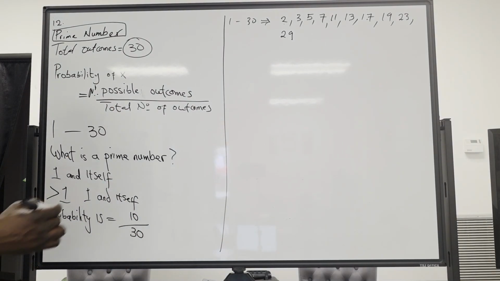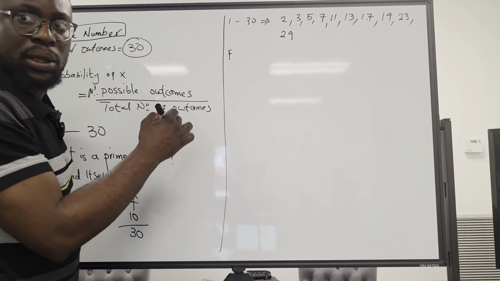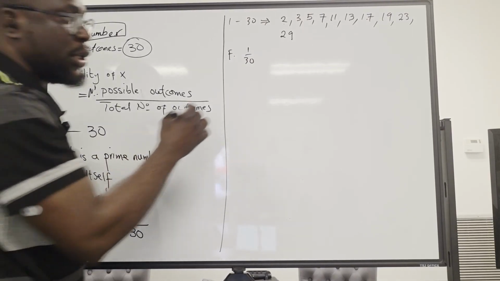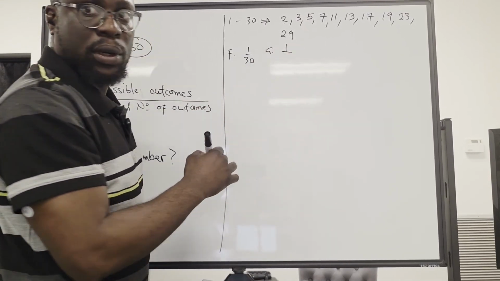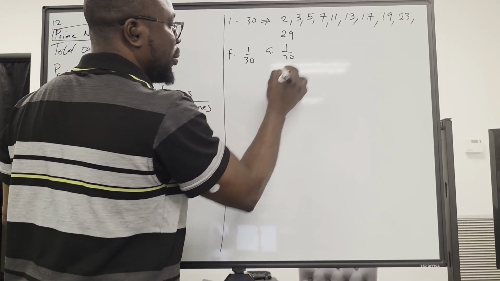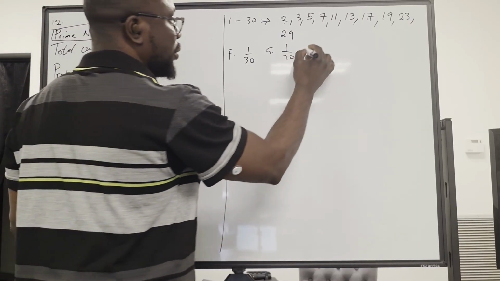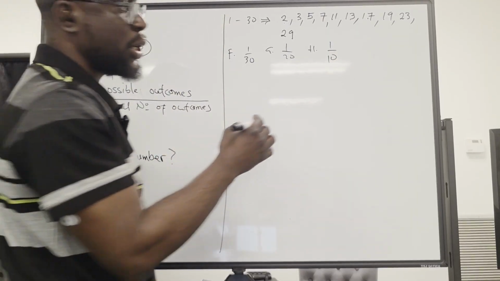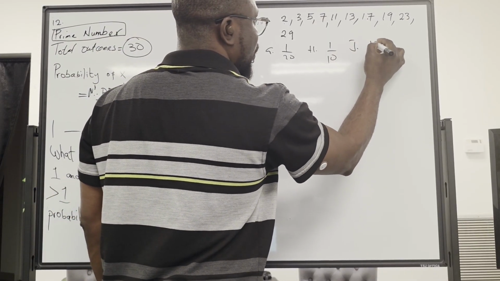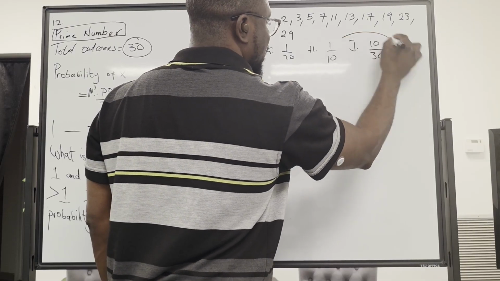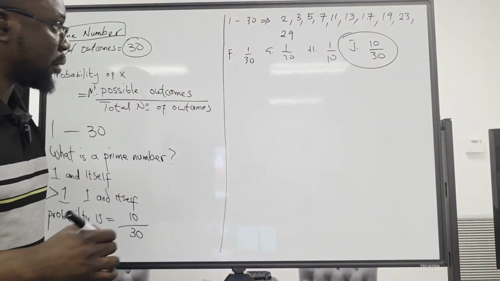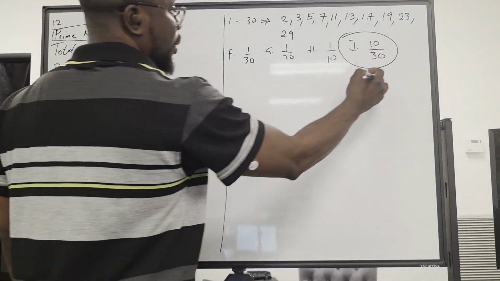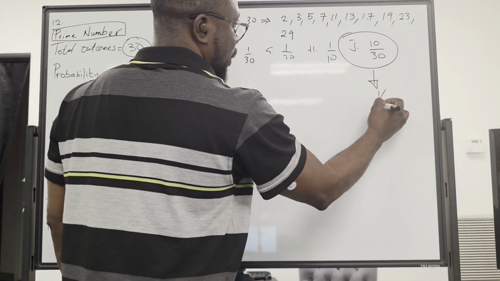The options we were given: F is 1 over 30, G is 1 over 20, H is 1 over 10, and J is 10 over 30. So J is the answer, 10 over 30. If you're supposed to simplify this further, it comes down to 1 over 3.